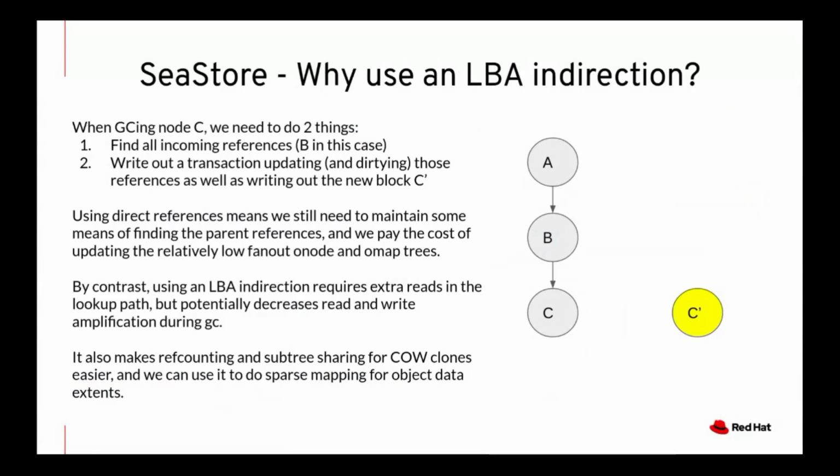It also makes ref counting and subtree sharing for copy on write clones easier, and it allows us to do sparse mapping for object data extents. Since within an object data payload, we can simply declare a portion of the LBA space to belong to that object.